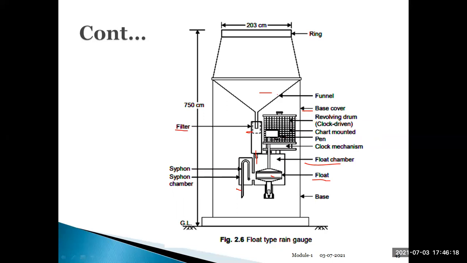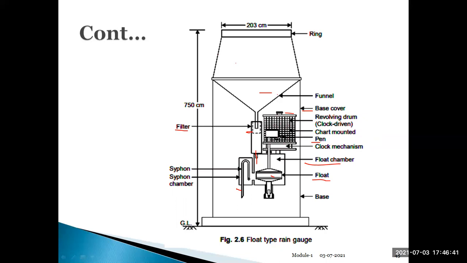So this particular part is the clock driven drum along with the chart and pen. And you have a clock mechanism here, where it will record the graph, and these are the dimensions of this siphon recording or float type recording rain gauge.